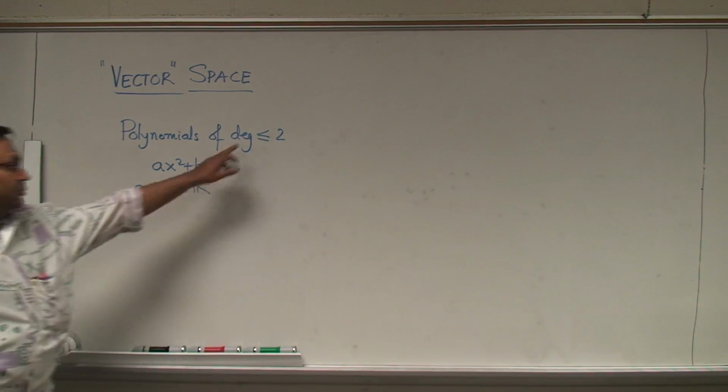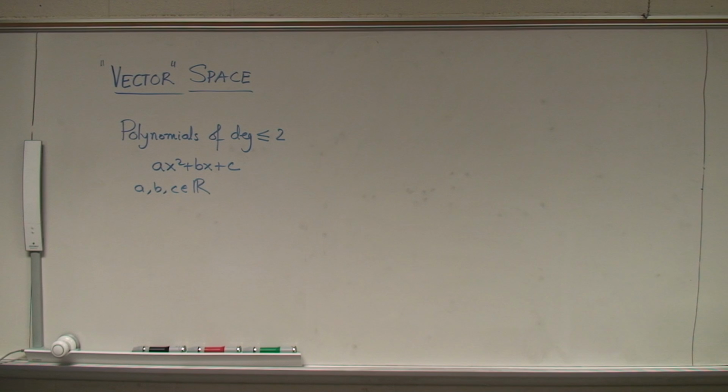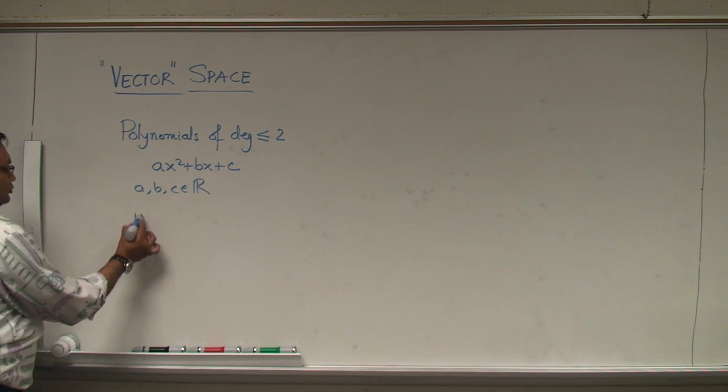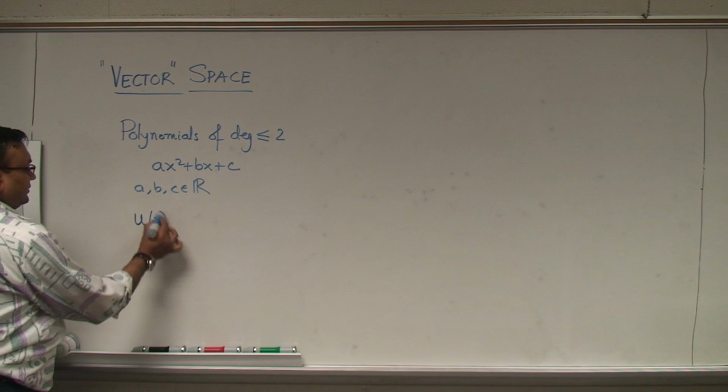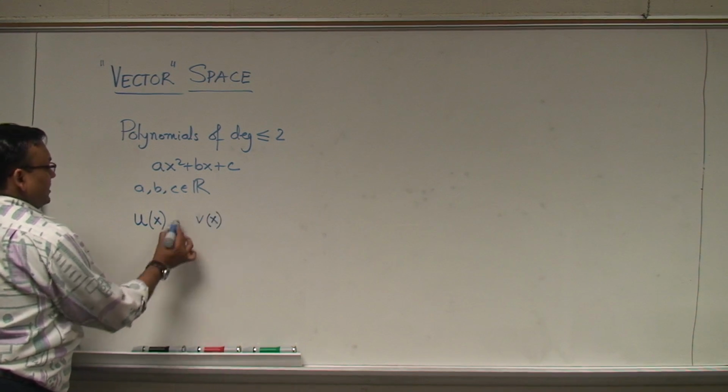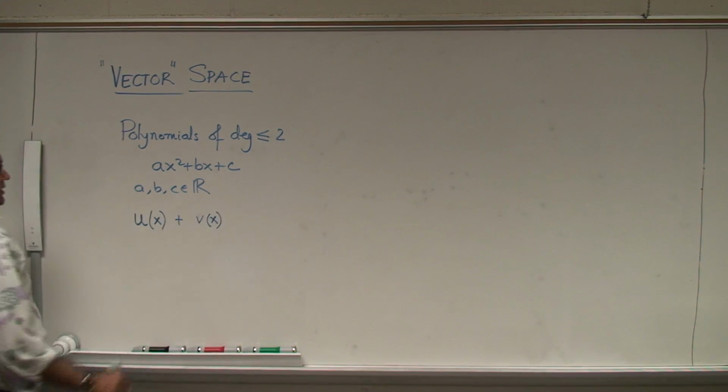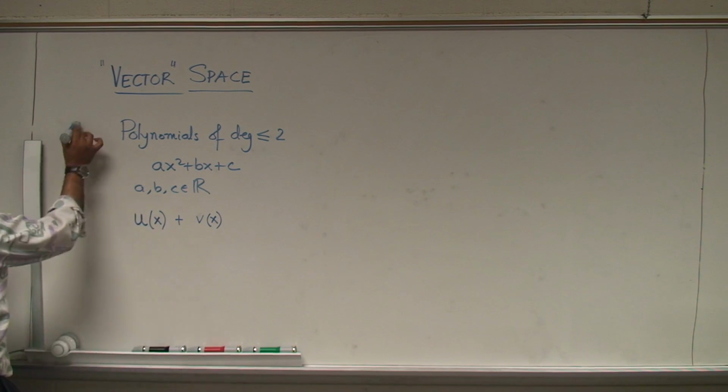And that is why the degree could be less than or equal to 2. If I take two polynomials from this family, let me call them u(x) and v(x). If I add them up, let me give this family some name, P2.